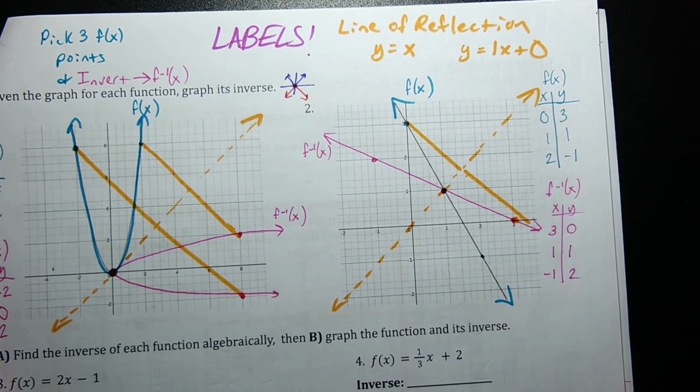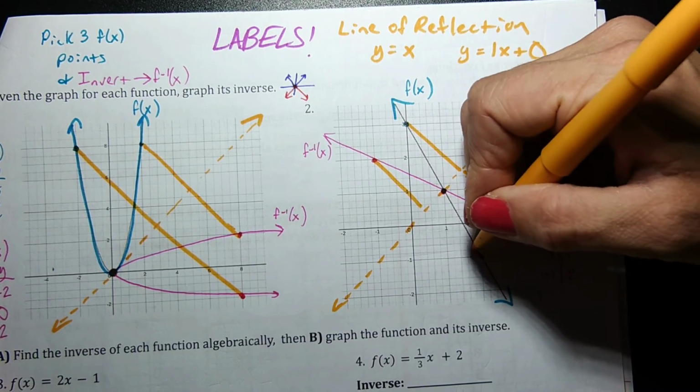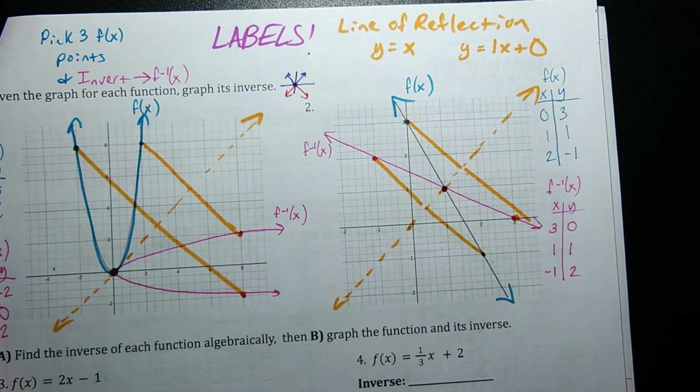This point stayed right where it is because it's on the line. And then this blue point reflected in the other direction over the line. So it always moves to the opposite side of the line in equal distance. And we have labeled that the inverse of f of x.